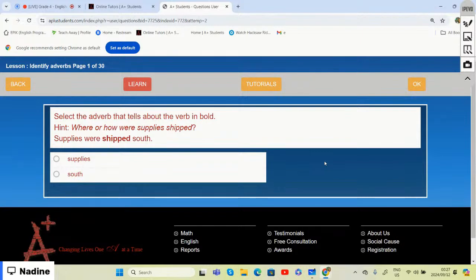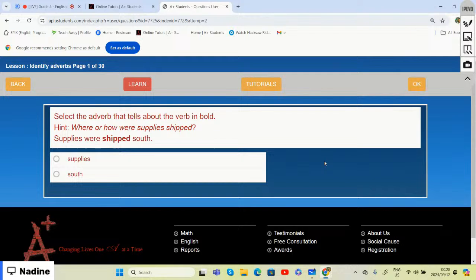It says select the adverb that tells about the verb in bold. So we need to select the adverb that tells us about the word in bold. Here's a hint for us. It says, where or how were supplies shipped? Supplies were shipped south. So now we need to select the adverb that tells us about the verb in bold.